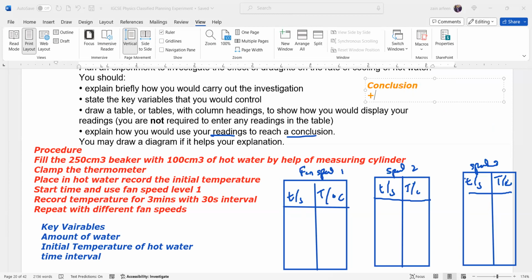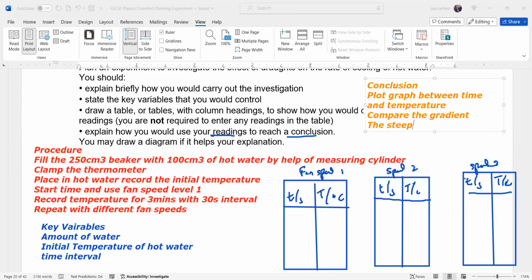So mention how you reach a conclusion. We can plot a graph between time and temperature. Mention what you're plotting, like time on the x-axis, temperature on the y-axis, and we'll compare the gradient or the slope.